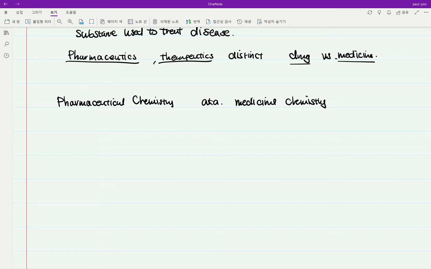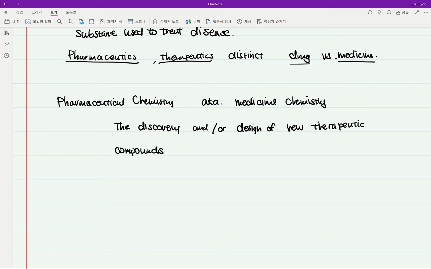Pharmaceutical chemistry, also known as medicinal chemistry, is the discovery and/or design of new therapeutic compounds and their development into medicines.